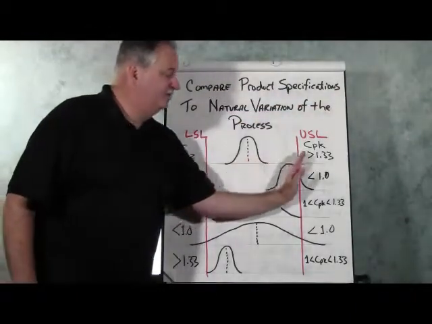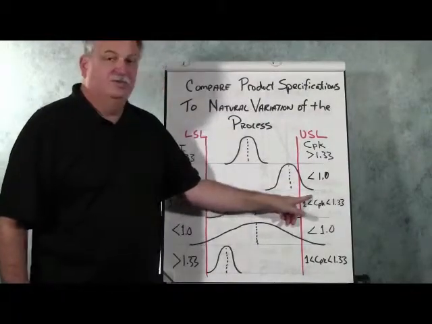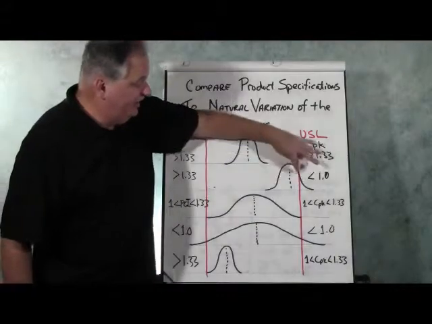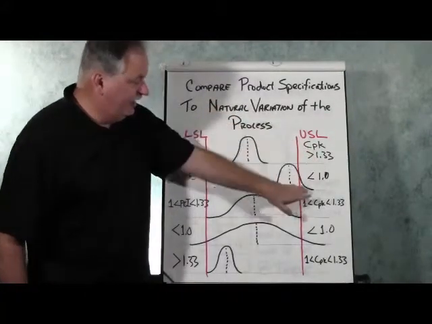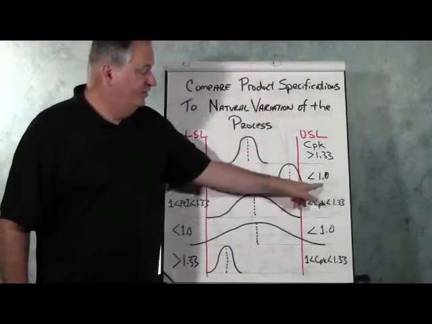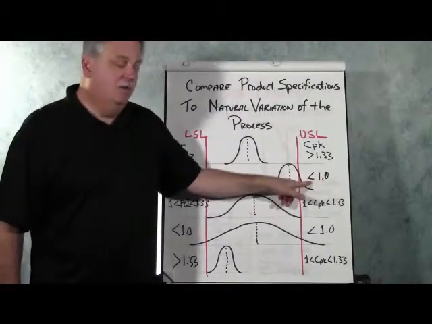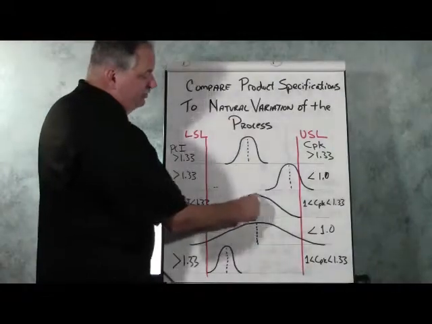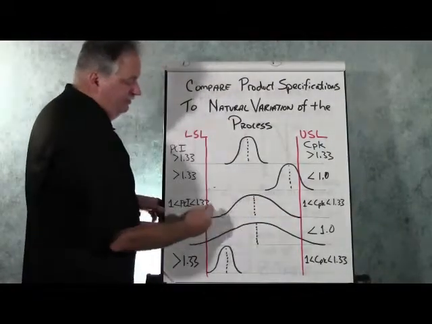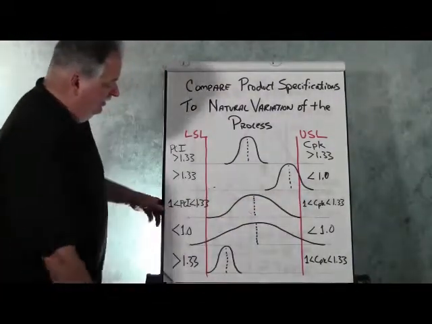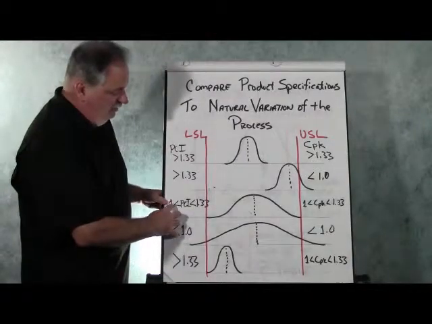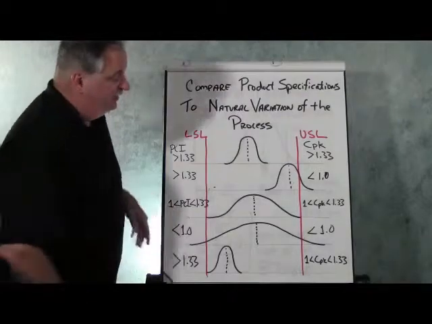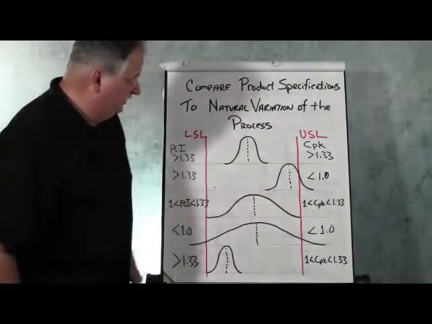As we begin to drift off center, one of the tails of our distribution, even though the spread would be perfectly capable, is outside of the spec. I have defects. So my CPK is less than 1. In this situation, my distribution is the full width of the spec, so 1 is less than the PCI, which is less than 1.33. Same thing with the CPK.